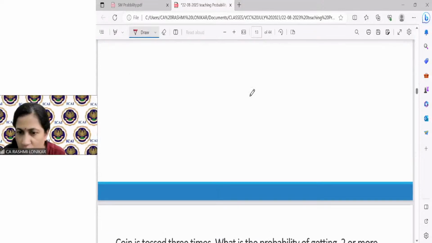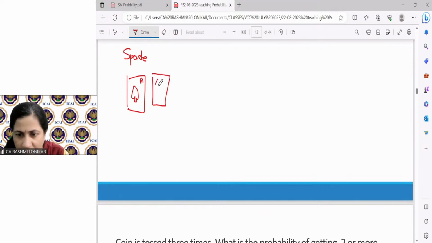Okay, I'll just show it to you here. Suppose I'm talking of spade. What will you have? This will be the first card. There will be one spade drawn, and then A written over here. Then you will have the second card, which will have 2 written like this.